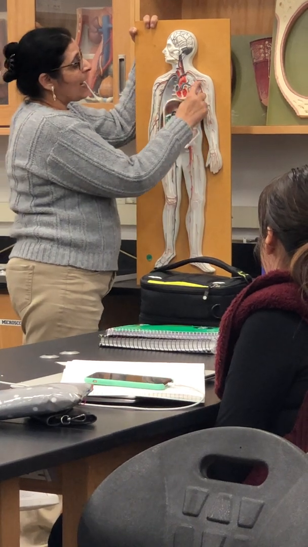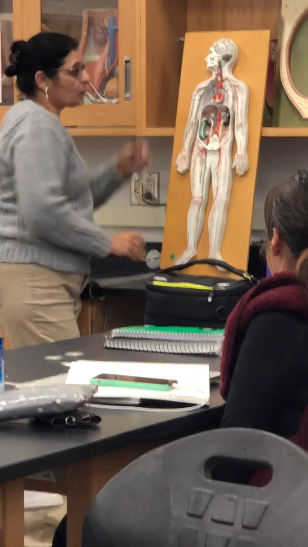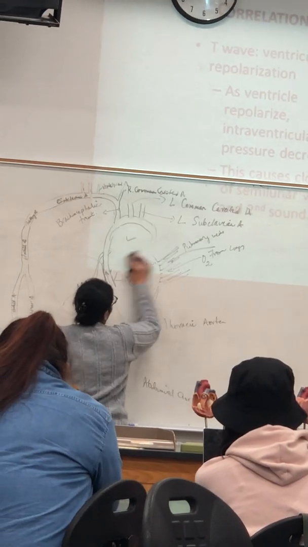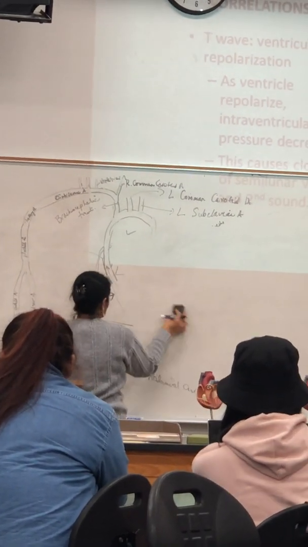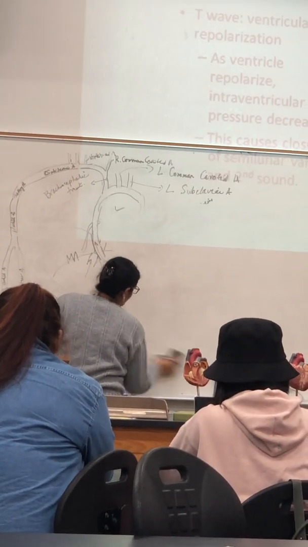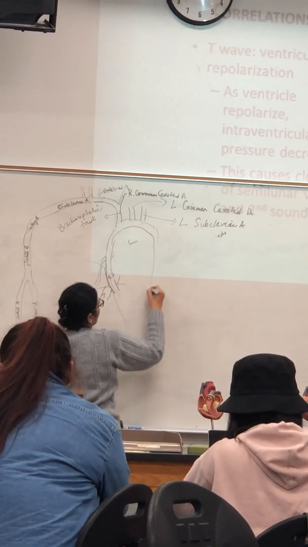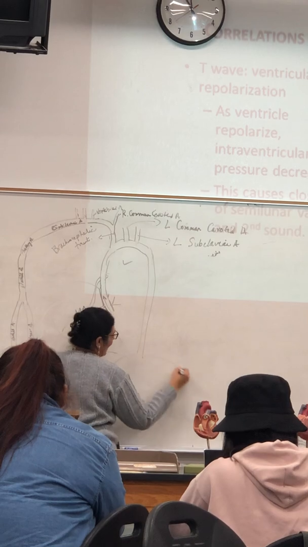You have a number of branches from the thoracic aorta. If we look at the board, I'm going to erase the heart. So here you have it going down. This is the diaphragm.